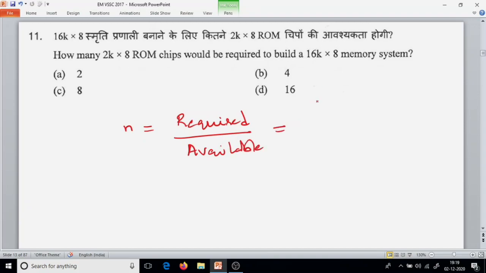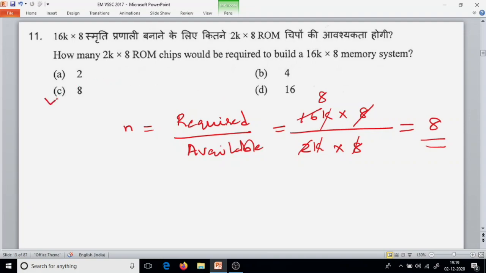What is required? 16K multiplied by 8. What you have? 2K multiplied by 8. The 8 cancels, K cancels. You'll get 8. So the answer equals 8, option C.